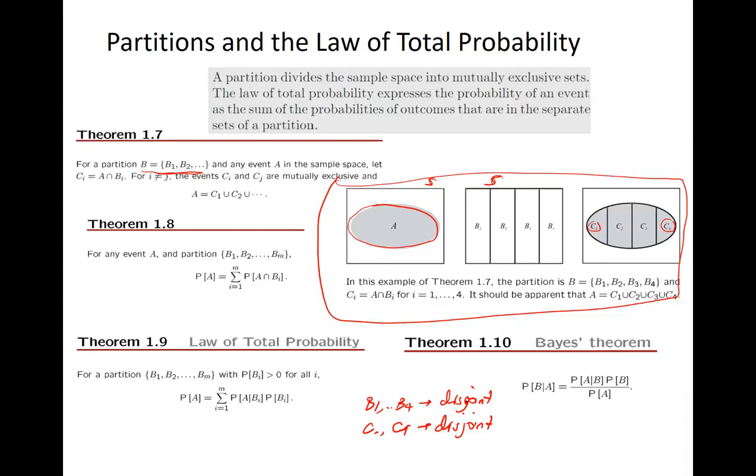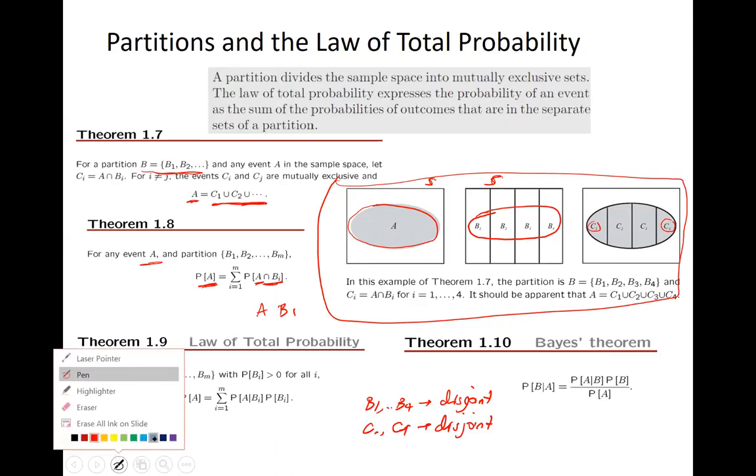So we have several theorems in here. For A, that is union of C1 to C4, and for any event A, here again with B, probability of A will be A intersection B. So we can simply draw A here, for example, like this, and intersection of A and B1.